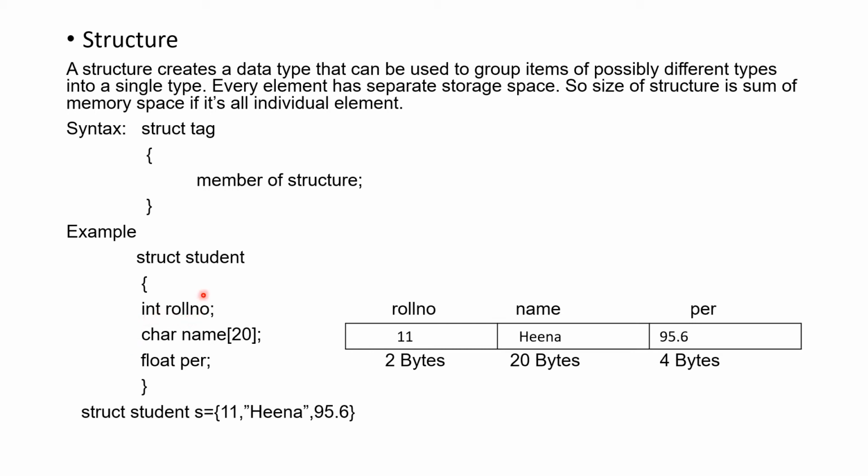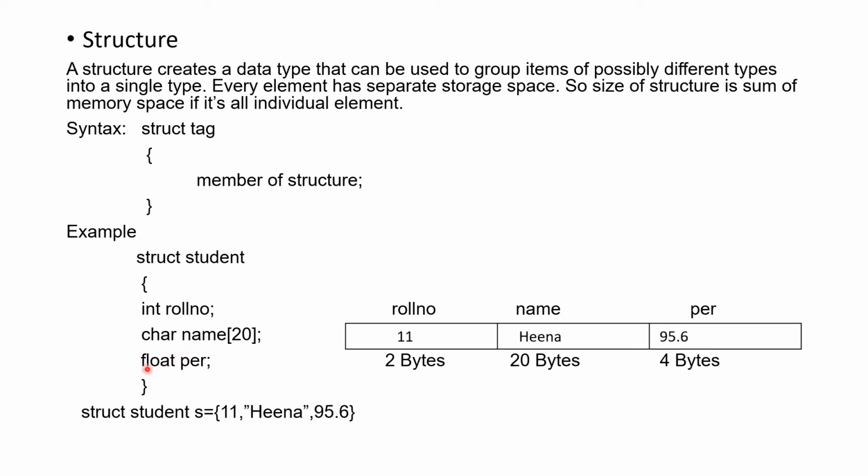First one is the roll number of my student. Character is the data type of name, as name will contain characters. I put 20 in the square brackets. What it means is that name will contain at most 20 characters; it is able to store a name of maximum 20 characters.